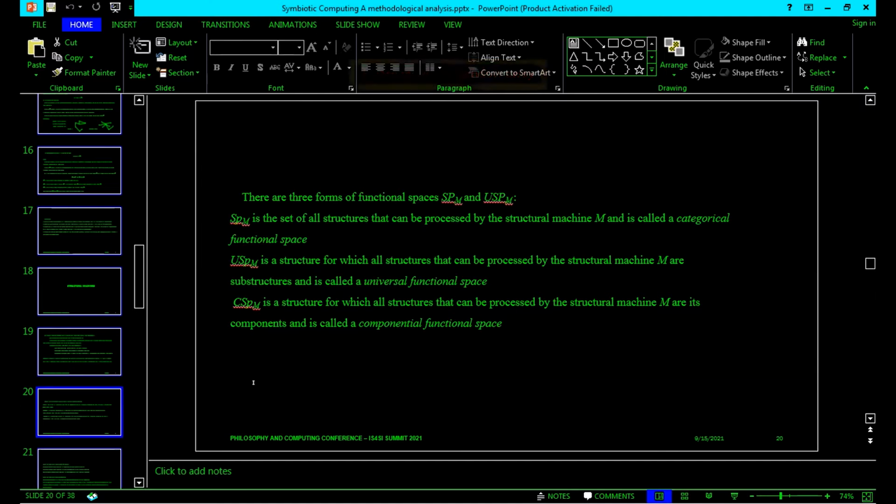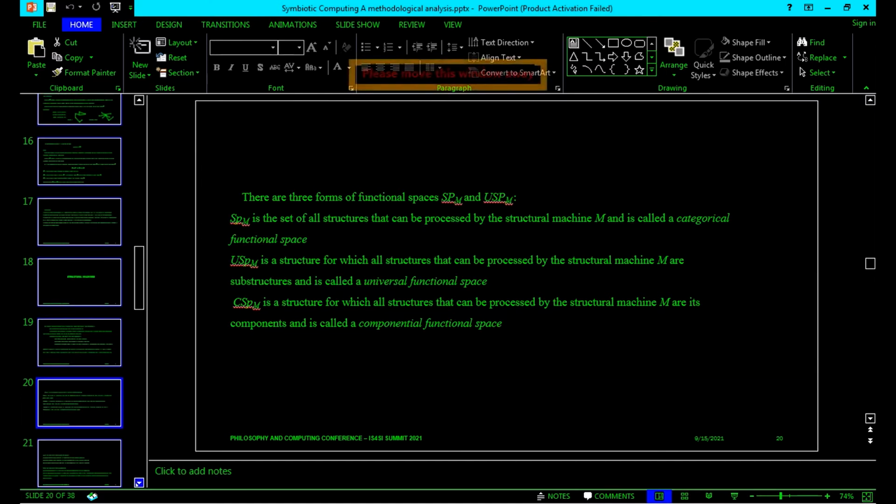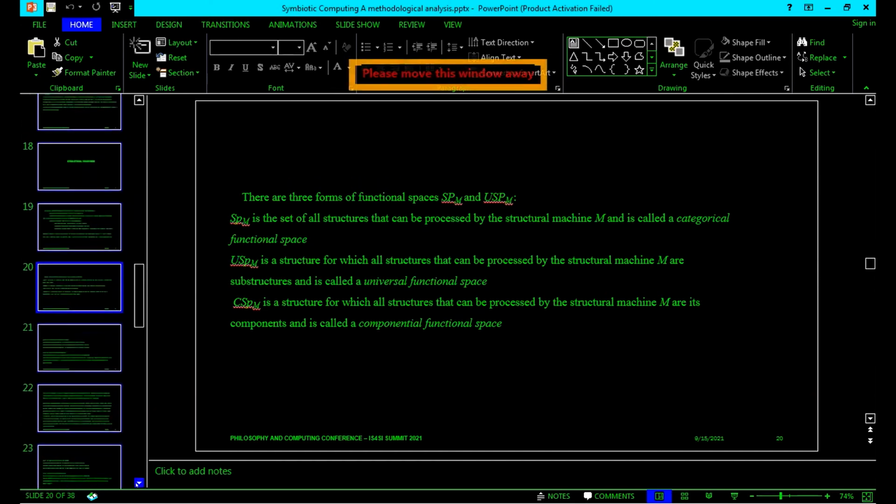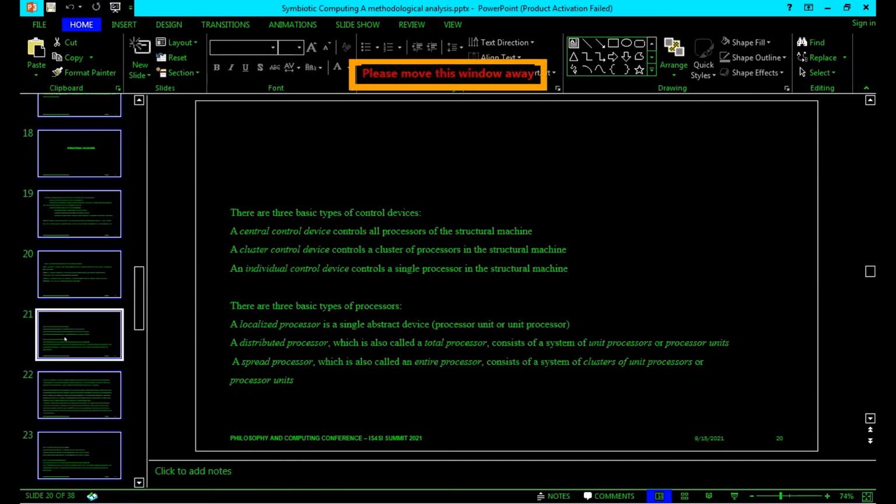There are three forms of functional spaces, but I will not go into these details. There are also three basic types of control devices.